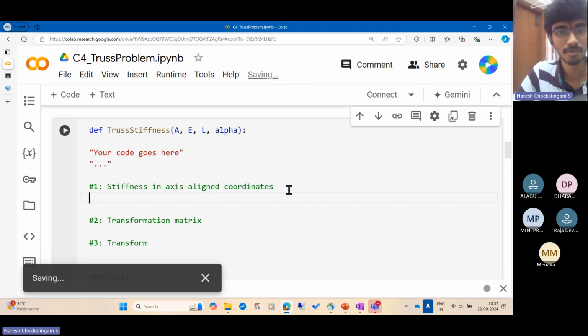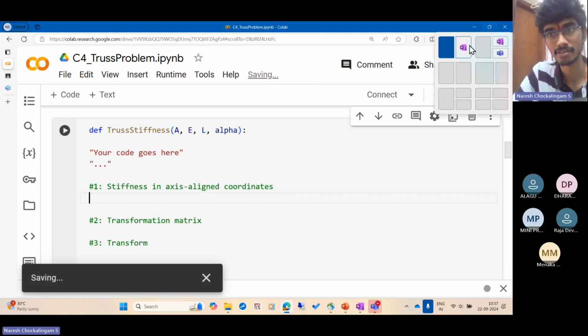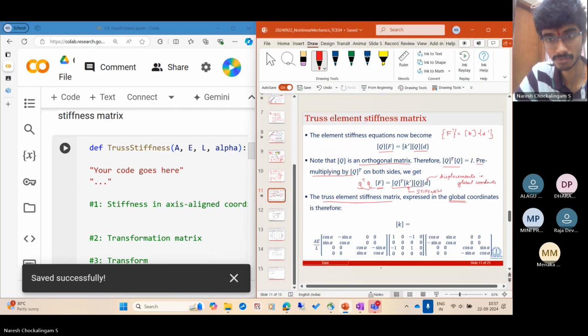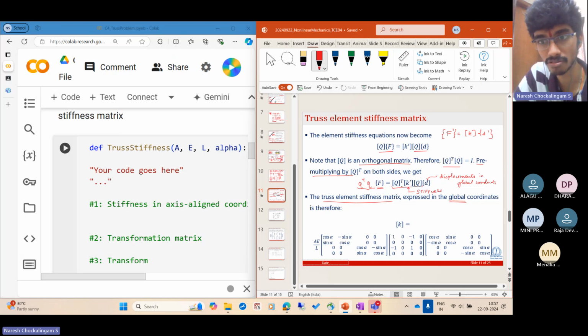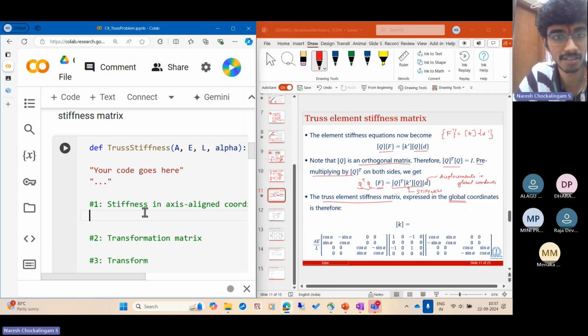So if you remember, what did I have here? This is our truss stiffness matrix, right? It is a transformation: Q transpose K dash Q. So first step is the stiffness in axis aligned coordinates, which we call K dash.